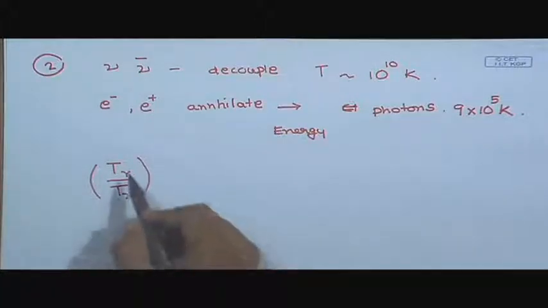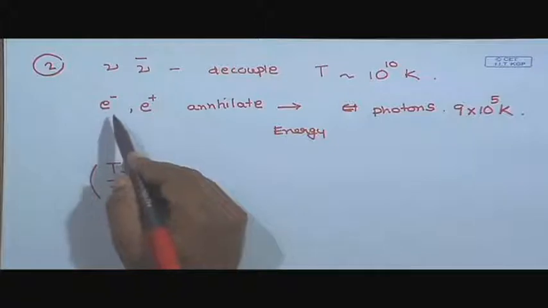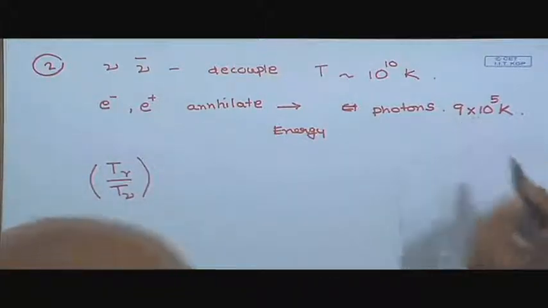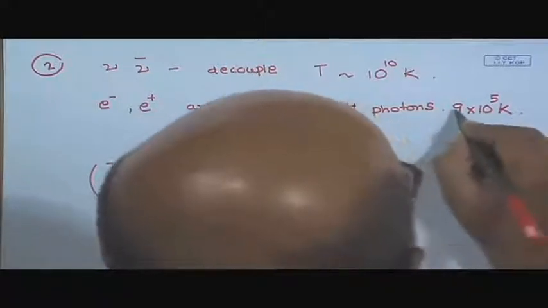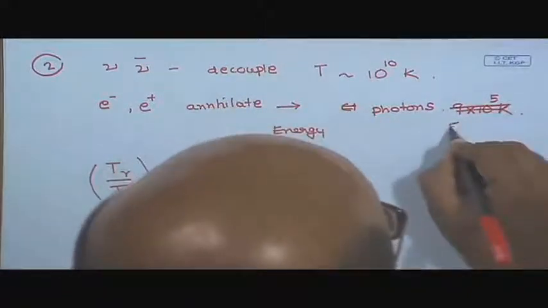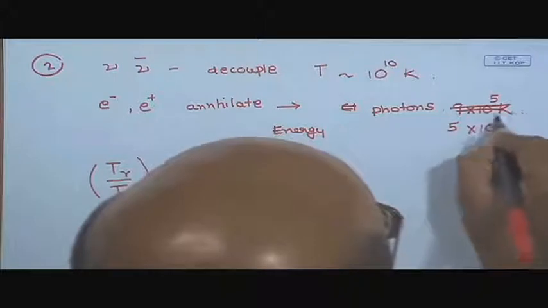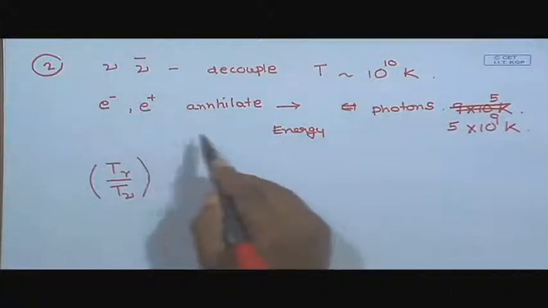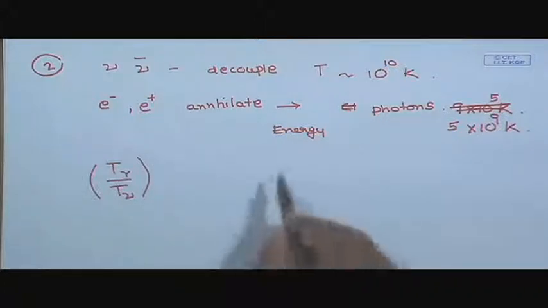The photons also do the same thing until 5 x 10^9 Kelvin, somewhere around here, where the electron positrons annihilate, dumping extra energy into the photons.